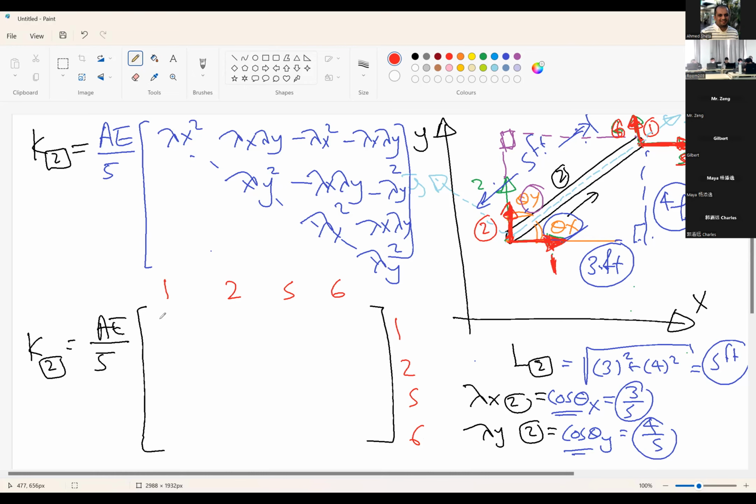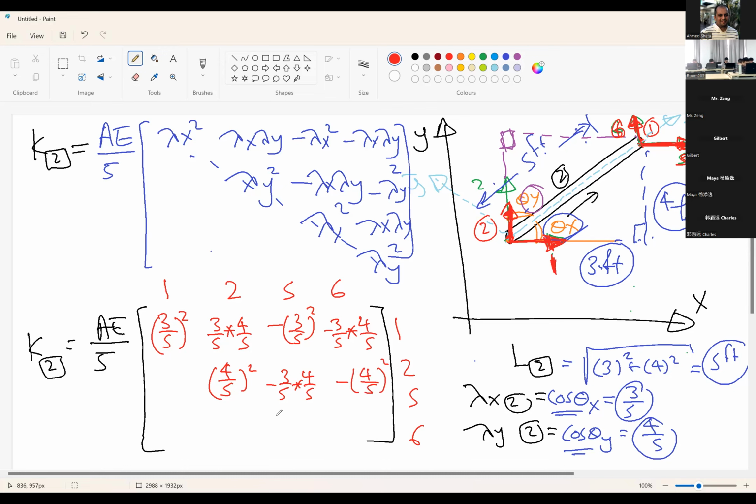It is 3 over 5 squared. The next one is 3 over 5 times 4 over 5. Negative 3 over 5 squared. Negative 3 over 5 times 4 over 5. This one will be 4 over 5 squared. Negative 3 over 5 times 4 over 5. Negative 4 over 5 squared. 3 over 5 squared. 3 over 5 times 4 over 5.